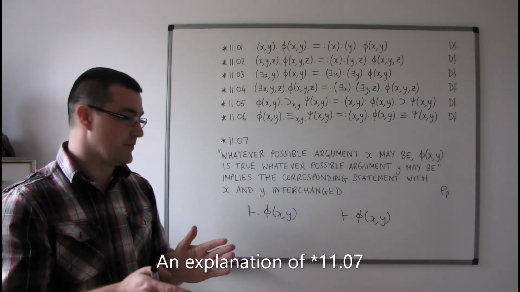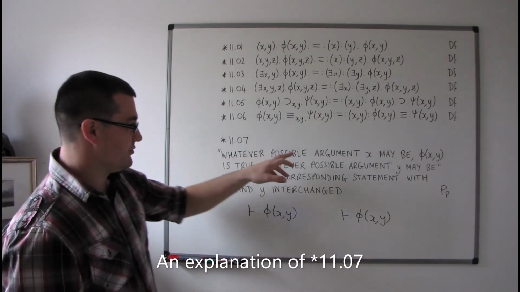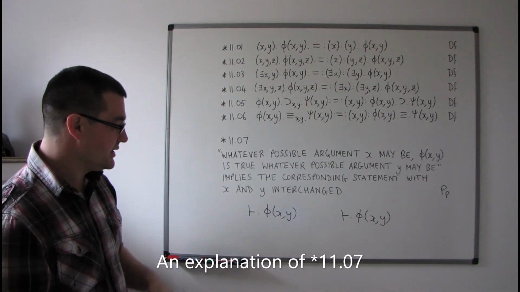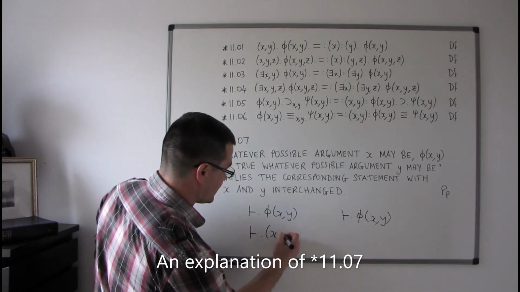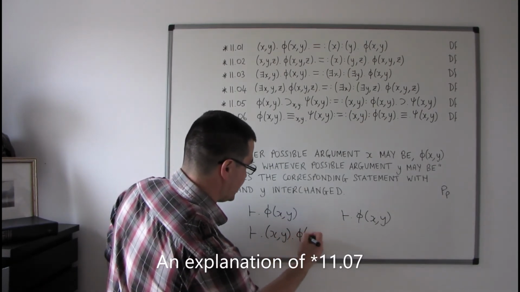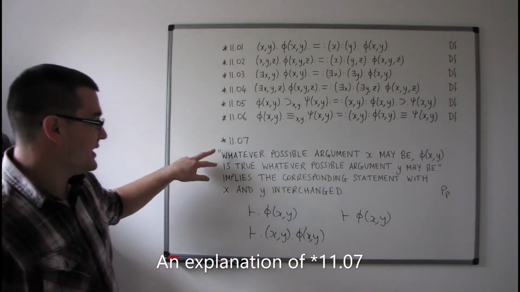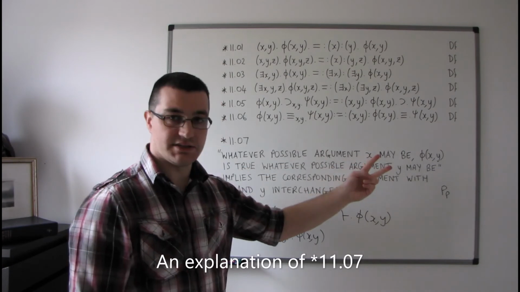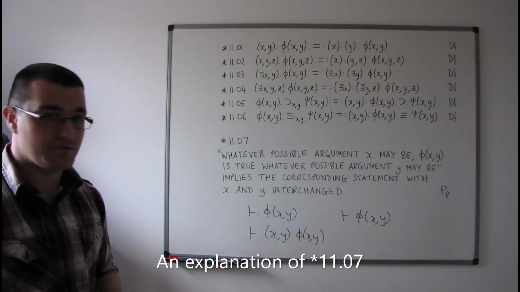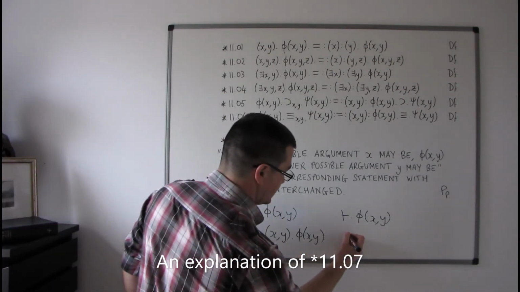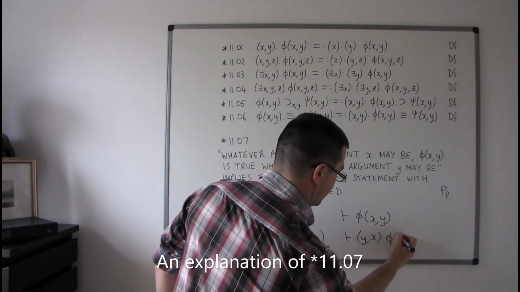They're just two variables. So if I use, this corresponds to this statement with the x and the y in this order, then 11.11 will allow me to assert xy, phi xy. On the other hand, if I take this statement with the x and the y interchanged, which corresponds to this version over here, using 11.11 in that case, I'm able to assert yx, phi xy.